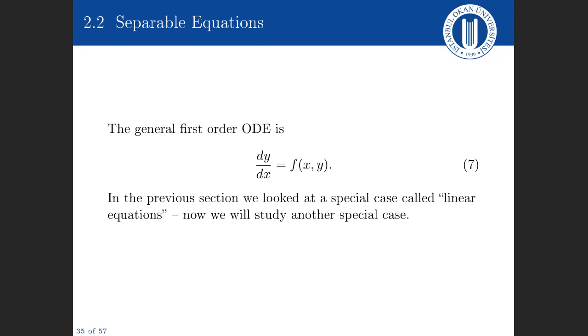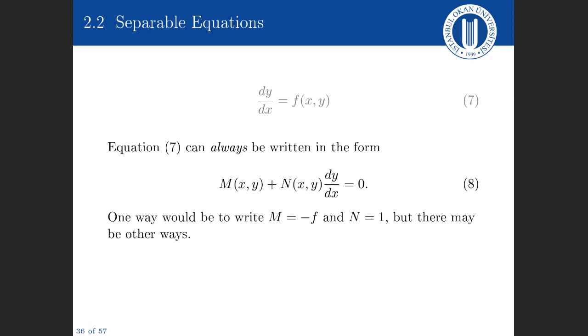Now we're going to look at another special case of first order equations. Equation 7 can always be written in the form m plus n dy dx is equal to 0. One way would be to write m is minus f and n is equal to 1, but there may be many other ways.